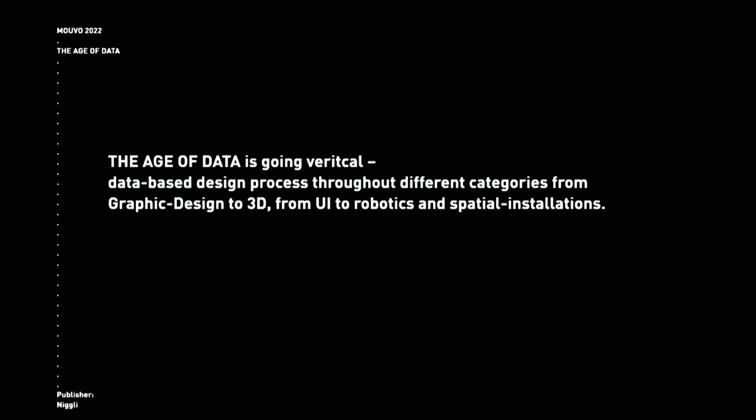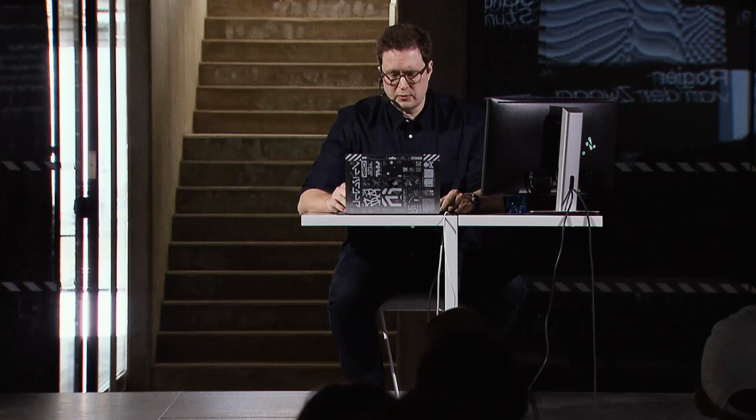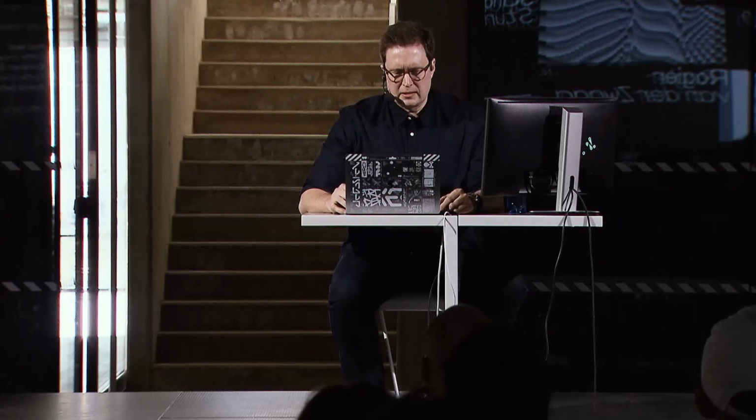And the age of data is going vertical. So this was my theoretical approach. If analog algorithm was touching every point in graphic design, from pattern to typefaces and so on, on a horizontal, you go in the vertical through the different categories of design: 3-dimensional design, and robotics, and installation.